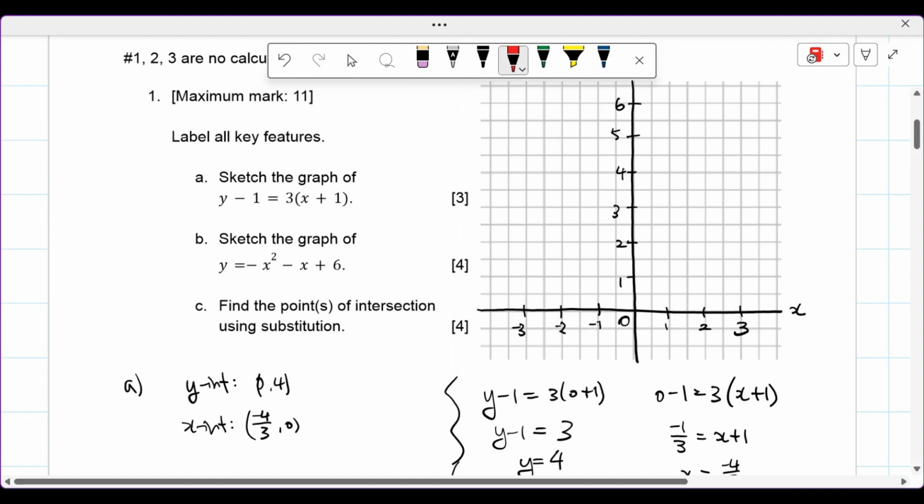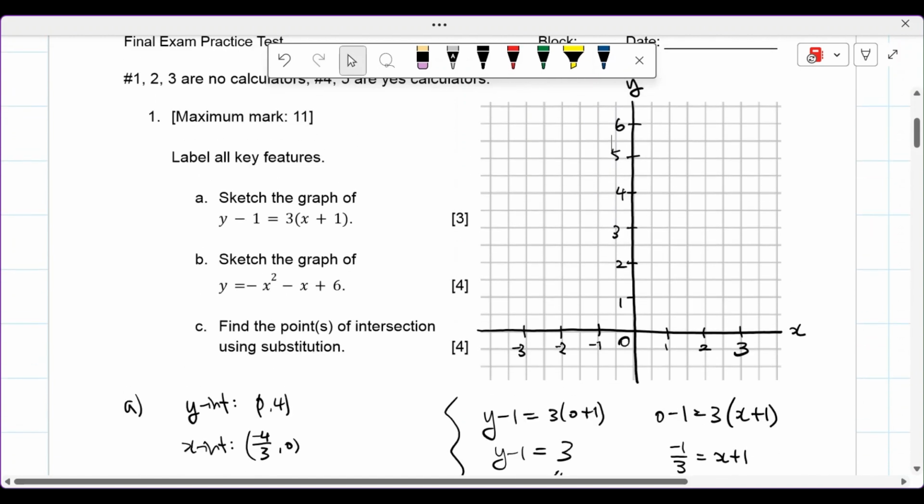You don't have to use different colors, but for now I'm going to do it. My red color will represent the linear function. My y-intercept at 0, comma 4. My x-intercept at negative 4 over 3, so that's about here.